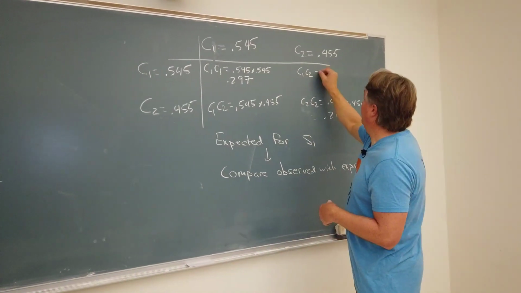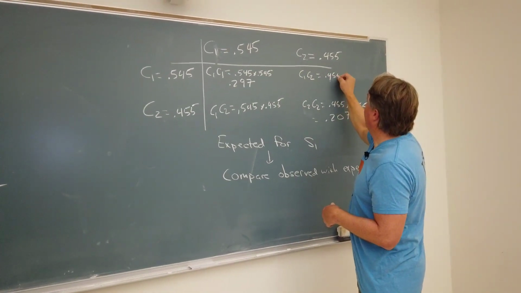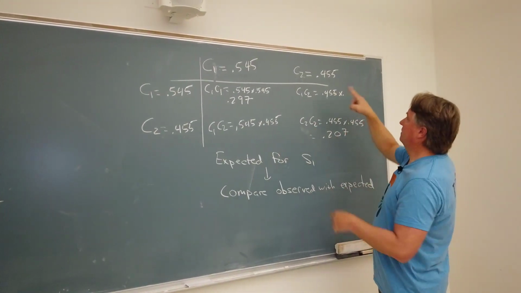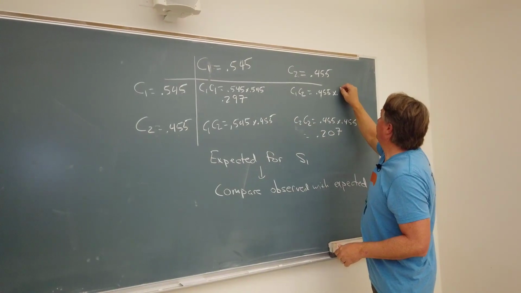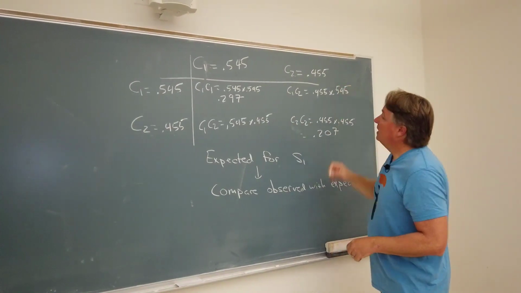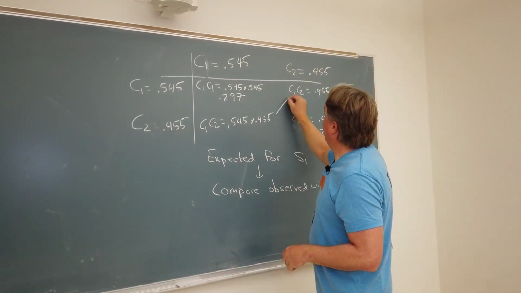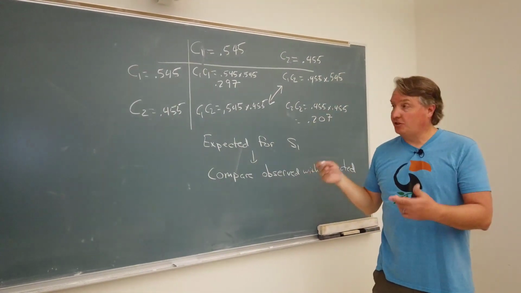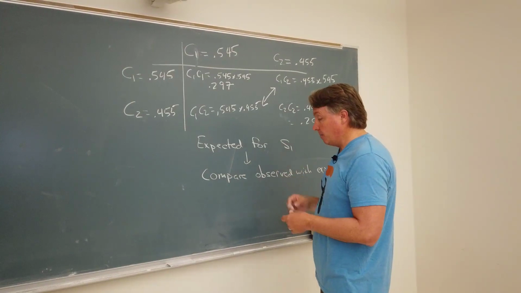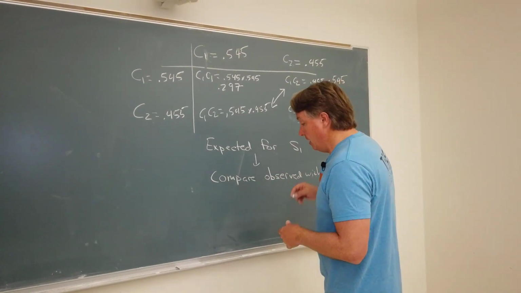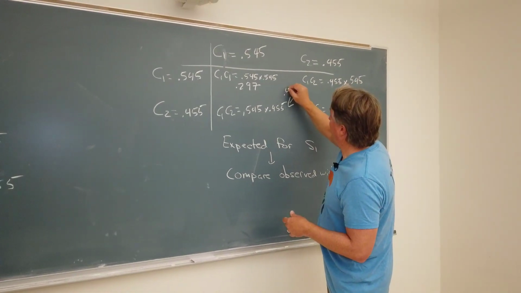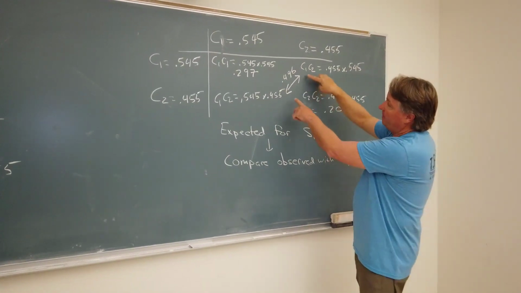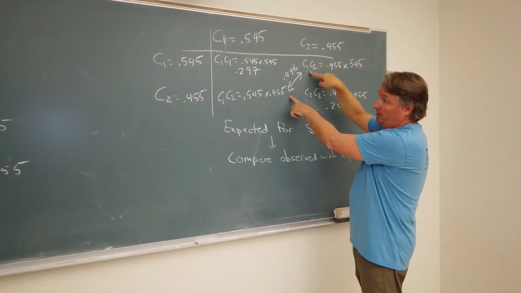Then I do the same thing here, 0.455 times 0.545. And then to figure out the heterozygotes, I would add those two together, because there's two ways to get the heterozygotes. Once I've done the multiplication, I add those two together, and I'll get a value of 0.496. And so that would be the expected frequency of the heterozygotes.